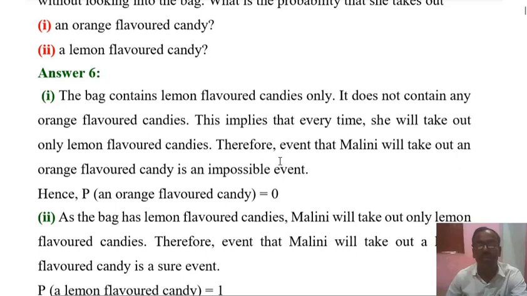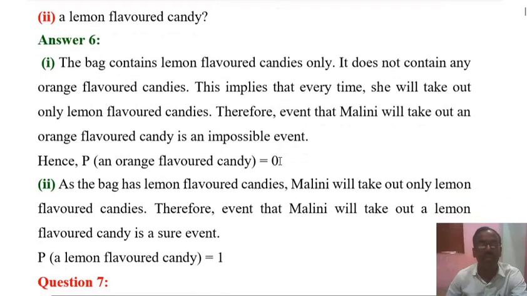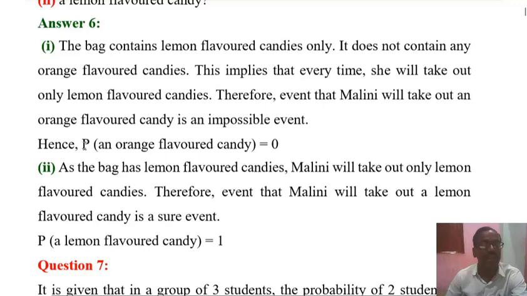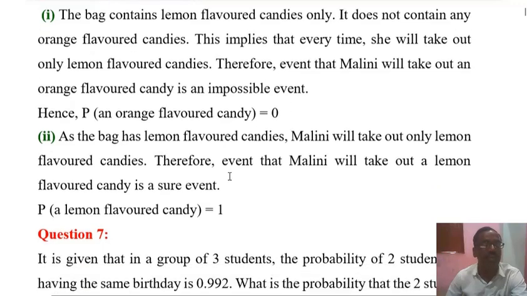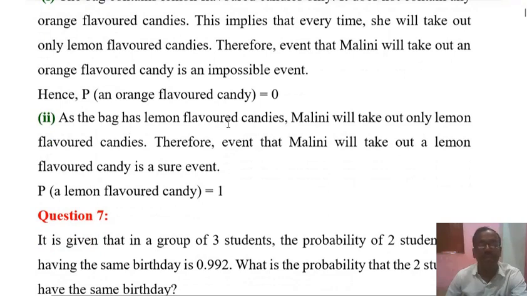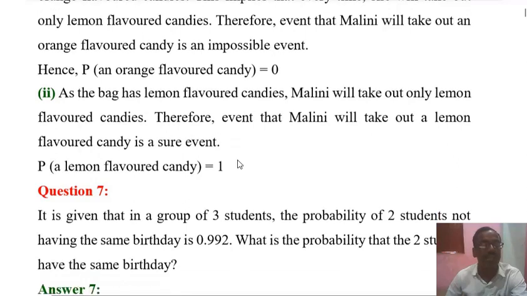In question number 1, we have discussed about it. So hence, probability of an orange flavored candy equal to 0. As the bag has lemon flavored candies, Malini will take out only lemon flavored candies. Therefore, event that Malini will take out a lemon flavored candy is sure event.